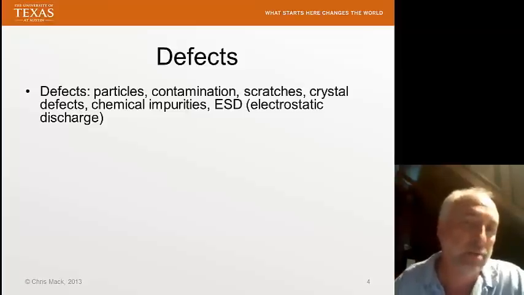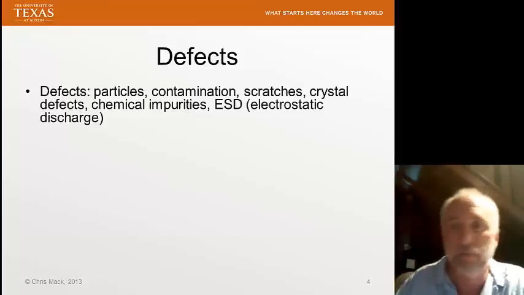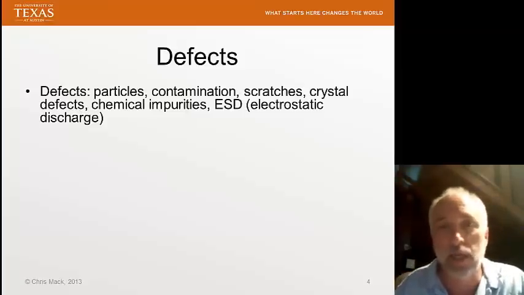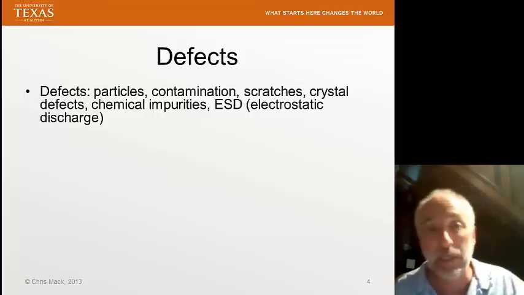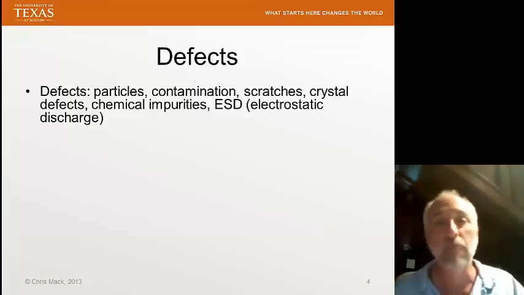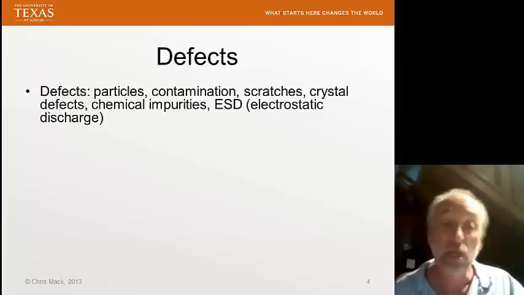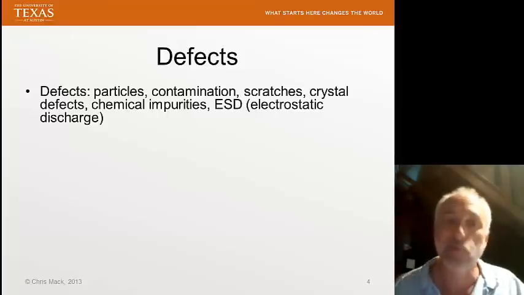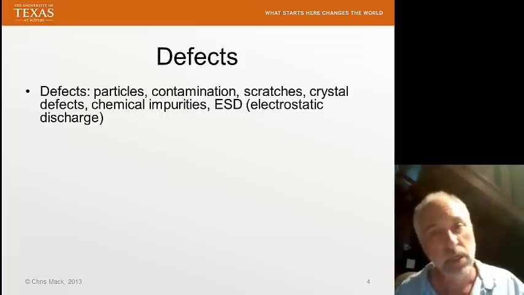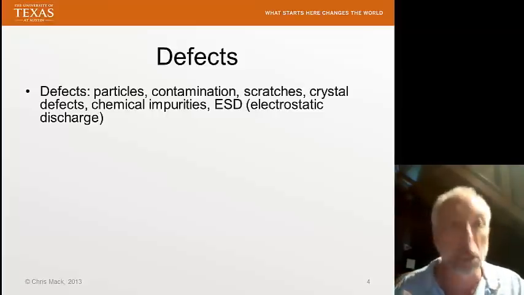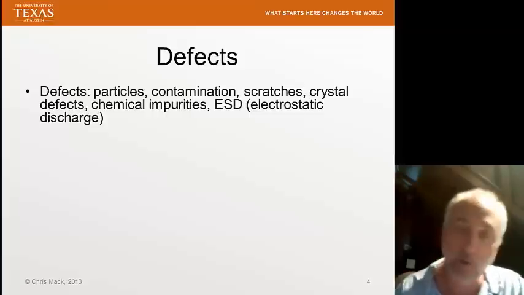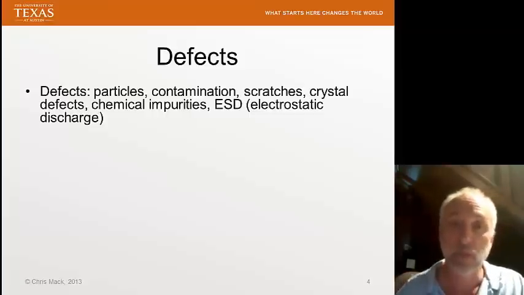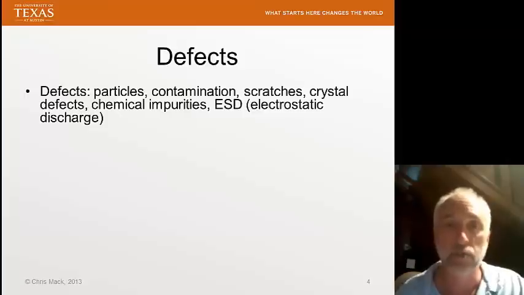It's particles, contamination, even things like scratches and defects in the crystals, impurities in the chemicals that we apply to the wafer, even things like electrostatic discharge. This is in the fab. The actual handling of the wafer can cause static shocks to the chips, and even before we're done processing the wafers, we might kill some chips due to electrostatic discharge.